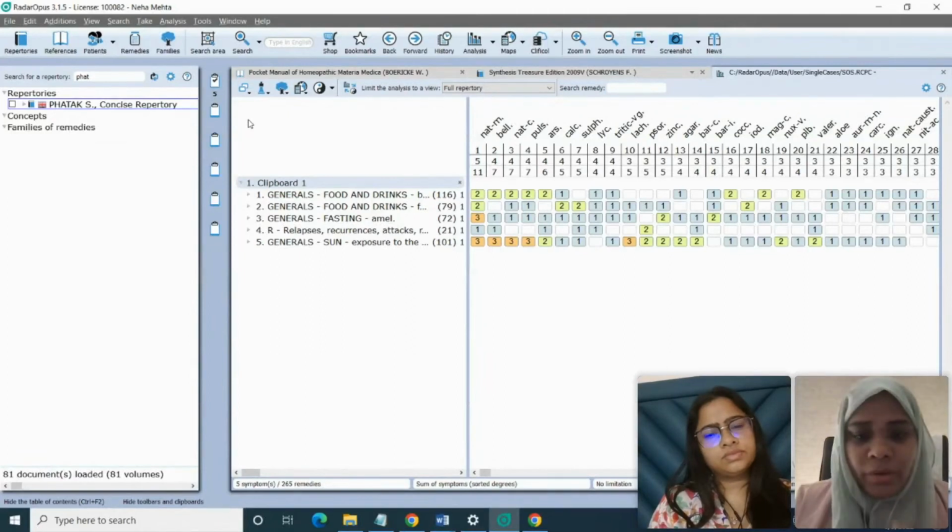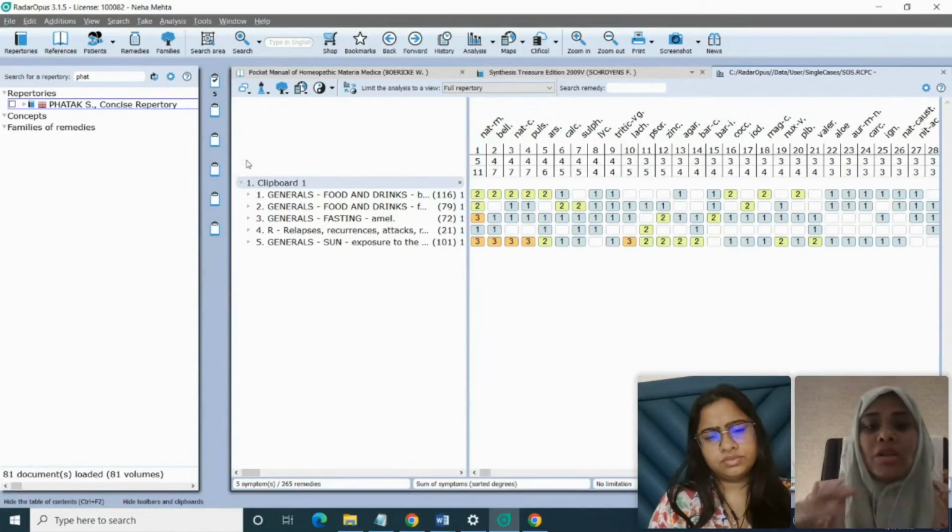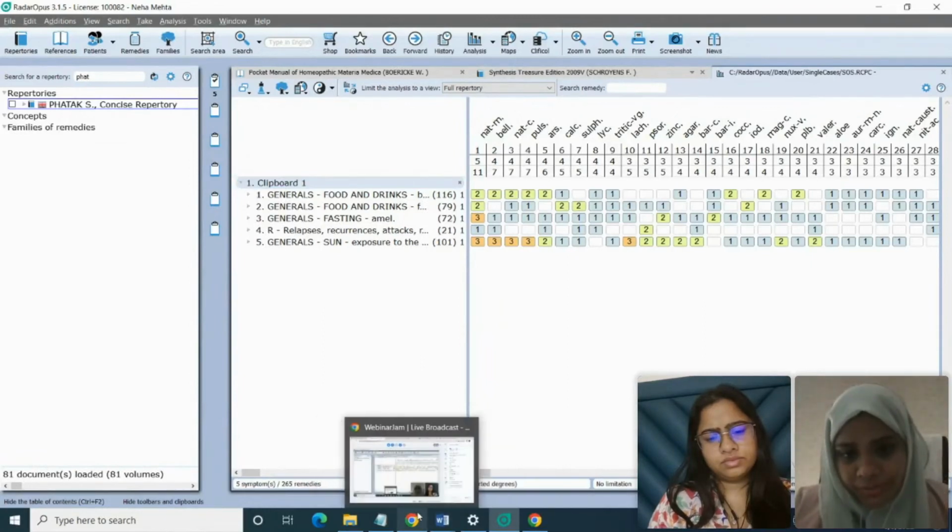Clear? Okay, so what I will do is, now I will think, is this patient like Belladonna? Is she scared? Is she violent? Is she in a pathological state of inflammation?